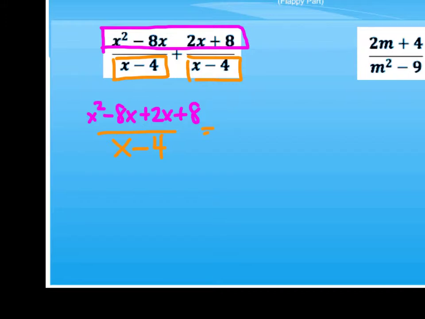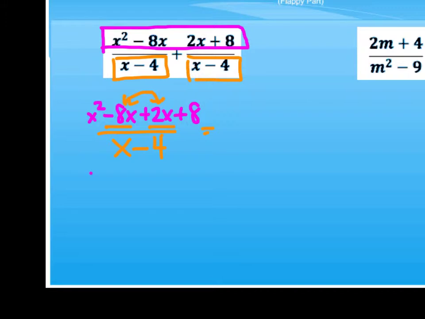Our first step that we need to do is combine like terms. So we need to identify what our like terms are. X squared isn't the same as anything else in here. We have a negative 8x and a positive 2x. Those are like terms, so those will go together. And we have an 8 on the end, and that doesn't belong with anything else in the numerator.